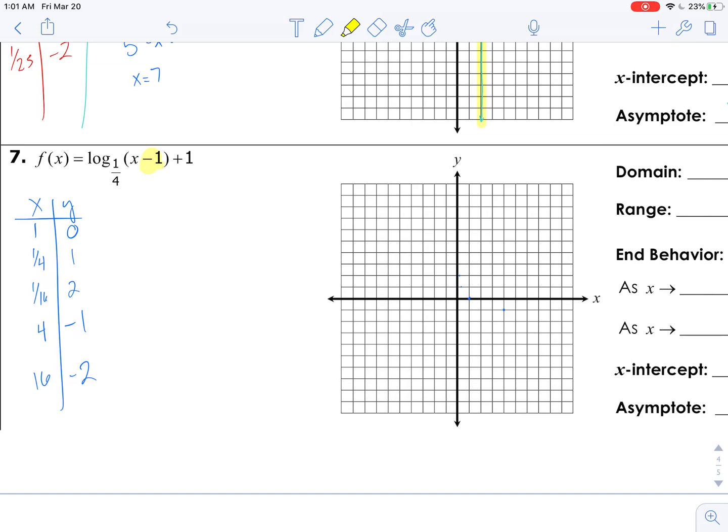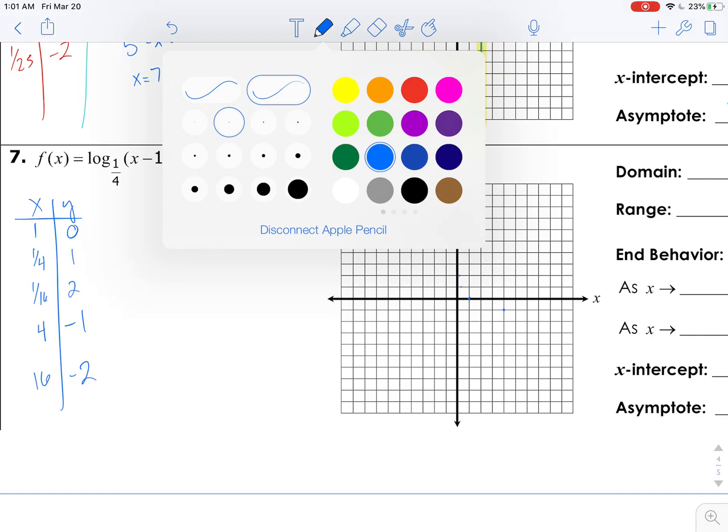But what we can do here is, let's check out our transformations. So inside the parentheses, what do I have to do with that? I've got to figure out what's the opposite of what I think I'd see. So it's going to be a right 1 shift. And here I've got up 1. So right 1 and up 1.